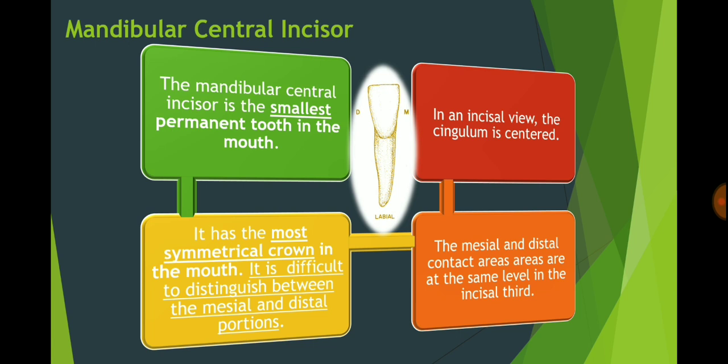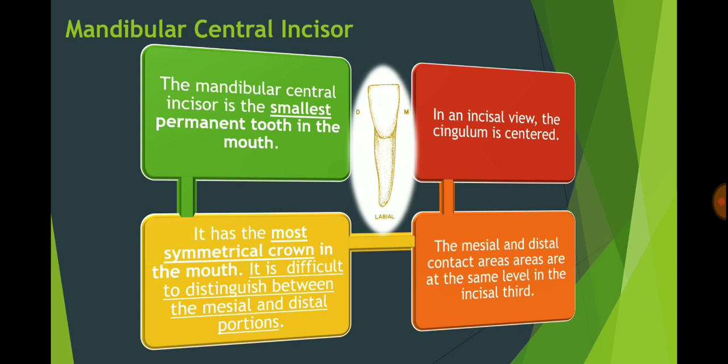The mandibular central incisor has the most symmetrical crown in the mouth. It is difficult to distinguish between the mesial and the distal portions. So if you're going to identify which one is right and which one is left, meaning which one is number 24 and which one is number 25, you have to look at the extracted root.